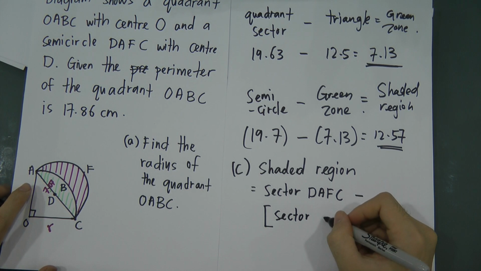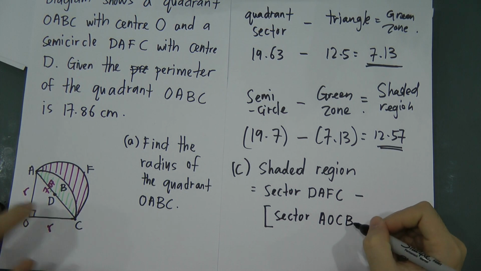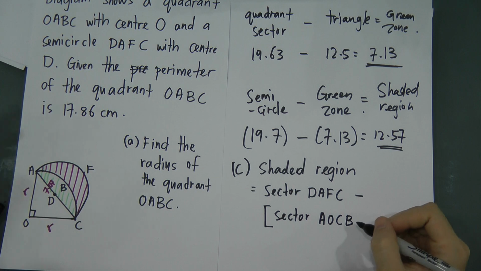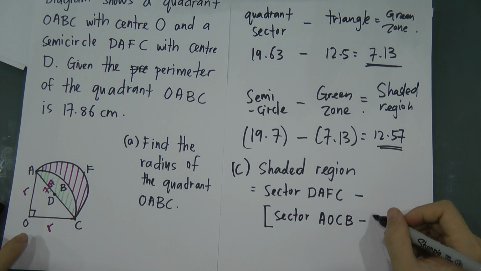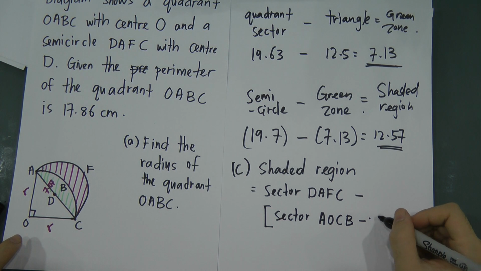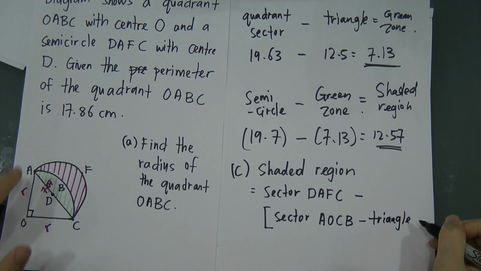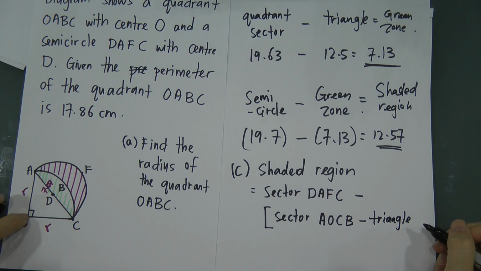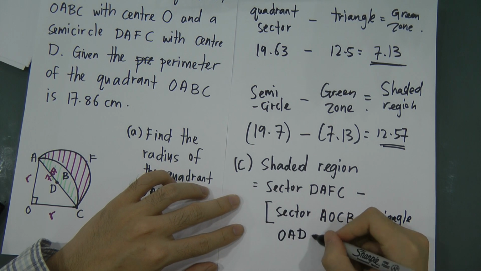It will be AOCB, or ABCO is the same thing, minus the triangle. What is the triangle? It will be OADC.